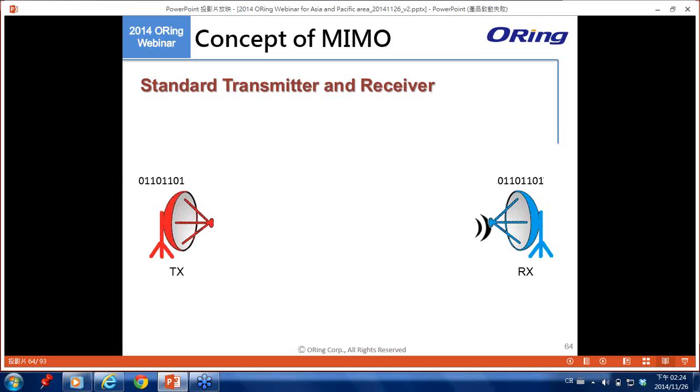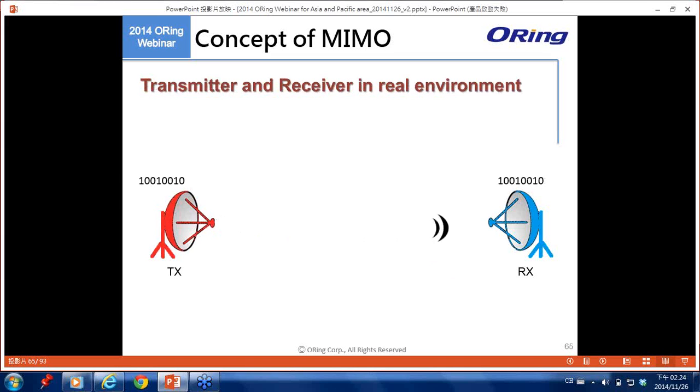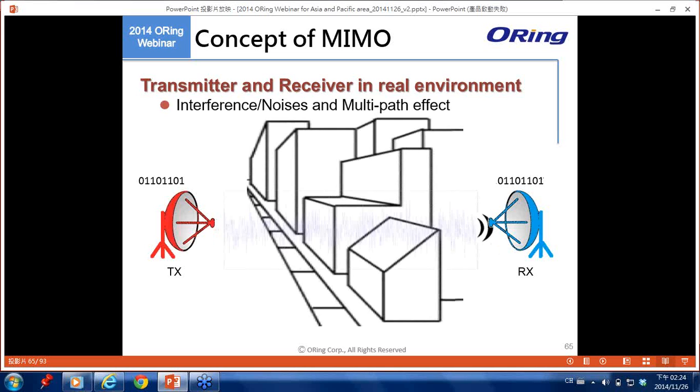So one side is the transmitter and the other side is the receiver. Theoretically, they should communicate with each other perfectly. But in the real world, it's not possible to have this kind of ideal environment. There are so many interferences, noises, and multipath effects that weaken the wireless signal strength.